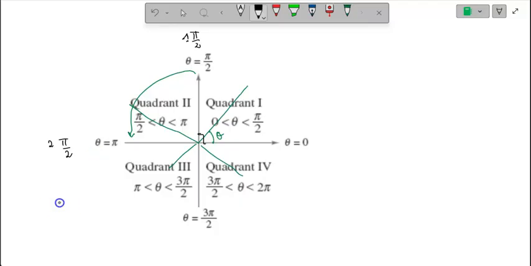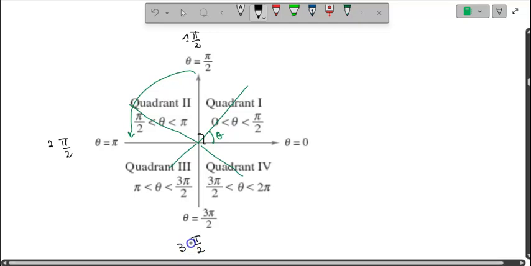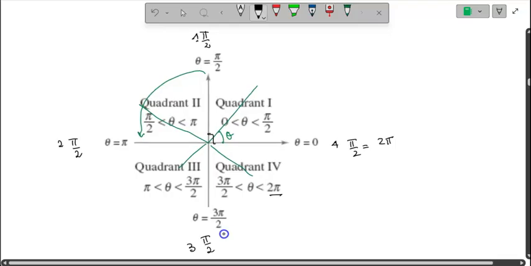If I simplify it, I get pi, all right? If I multiply 3 times, that's pi over 2 multiplied by 3, that's 3 pi over 2. And obviously here, if it is multiplied by 4, that's 4 times pi over 2, and this is going to be 2 pi after simplification. That's the angle here, right?